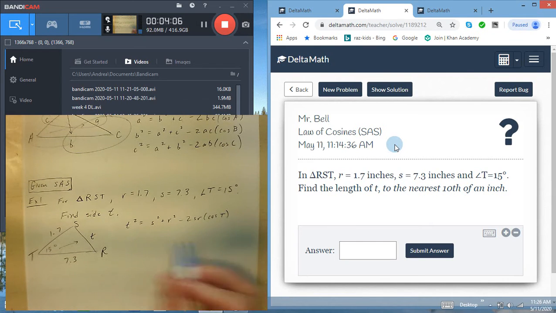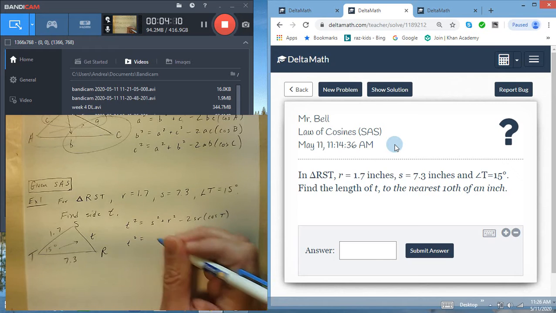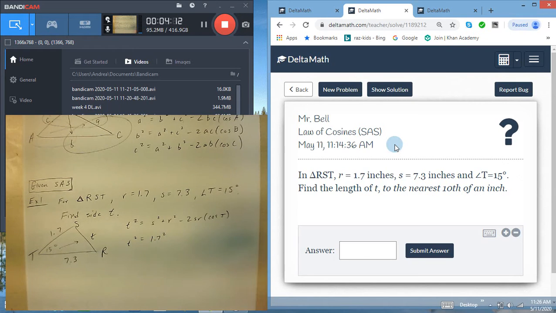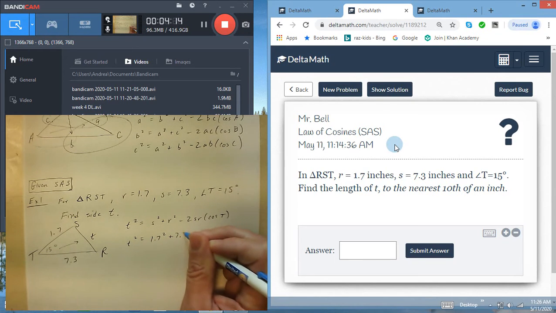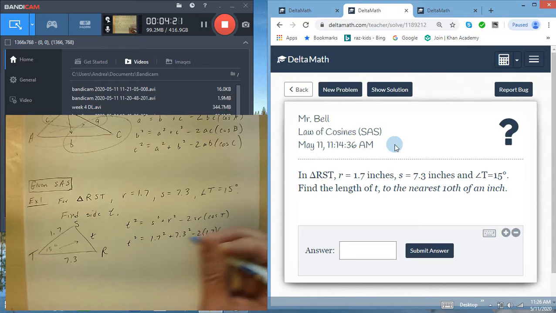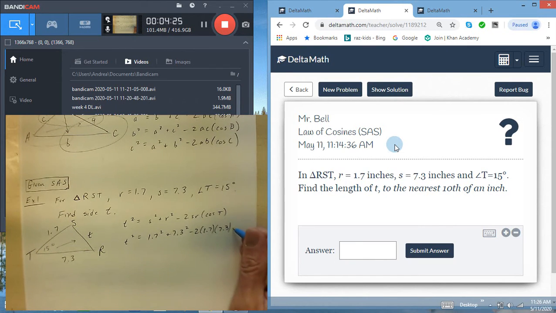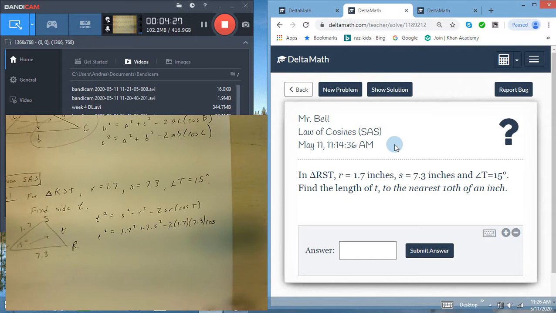So here you go: t squared equals 1.7 squared plus 7.3 squared minus 2 times the product of these two sides times the cosine of 15 degrees.